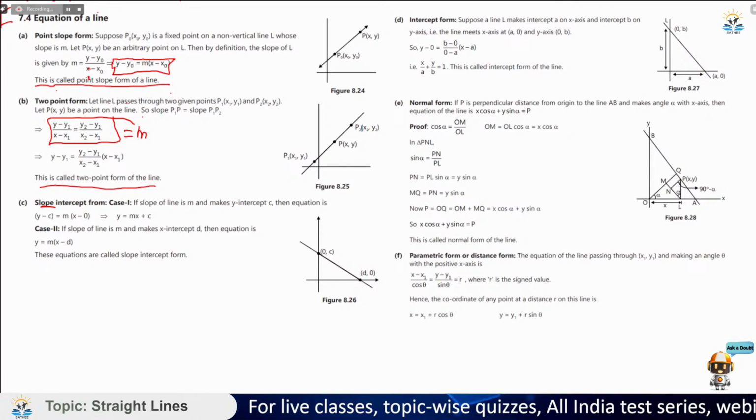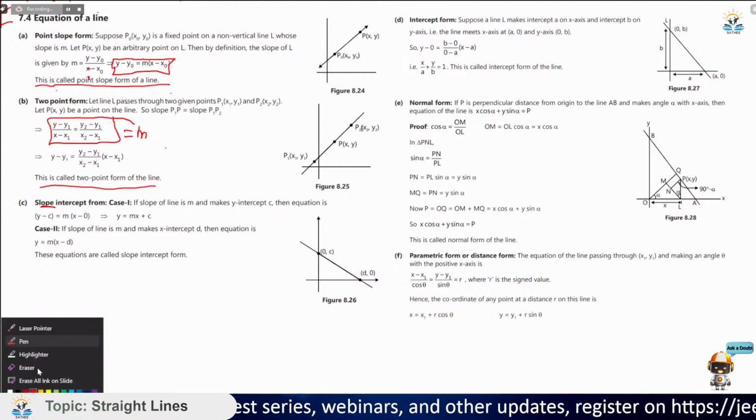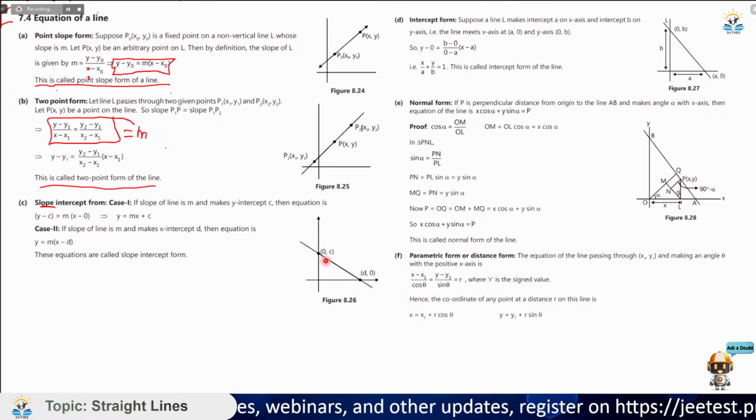Slope intercept, what do you mean by intercept? মানে the points where the line cuts the x-axis and y-axis are known as intercepts. Okay, তো हमको intercept दिया है 0, 6 और d। এটা y-axis রা intercept, এটা x-axis রা intercept.